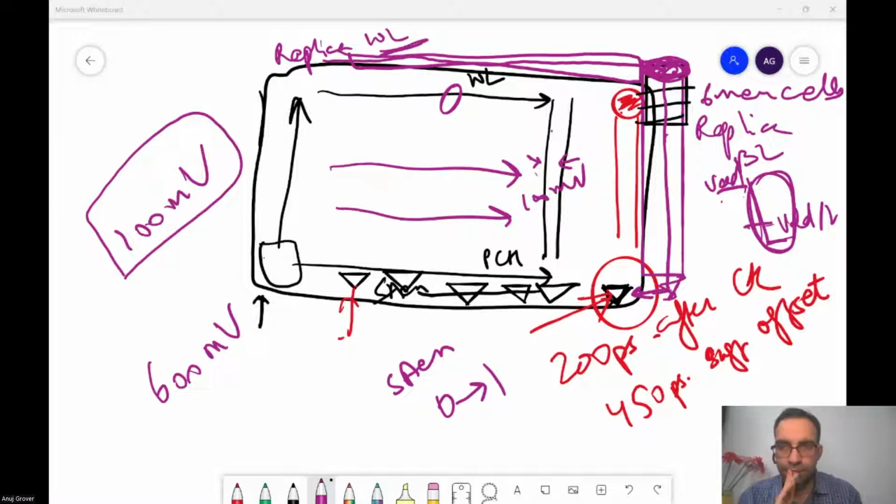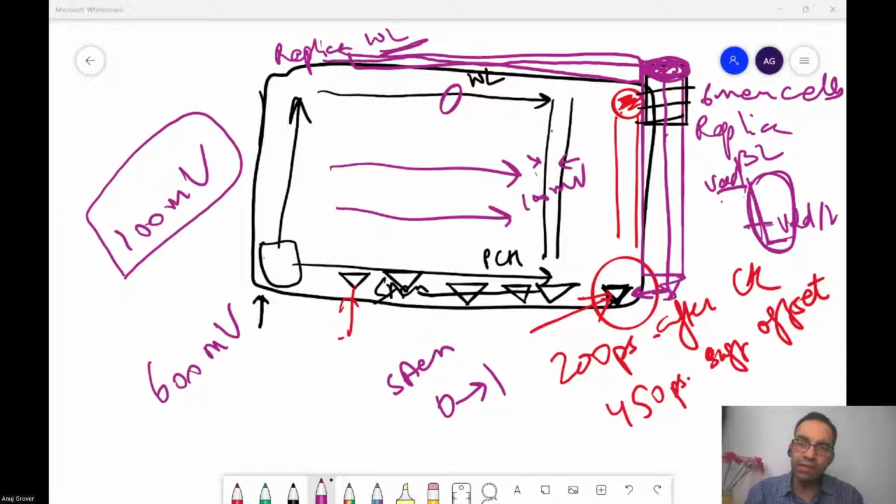Sir, I didn't understand. If from the replica path we are generating 100 millivolts, what's the issue? Will it not trigger a sense amplifier? How will you trigger the sense amplifier then? Means we just have to give the gate voltage to that NMOS or something, right? Yeah, but then there is an activation signal. SAEN will be needed for the sense amplifier there.